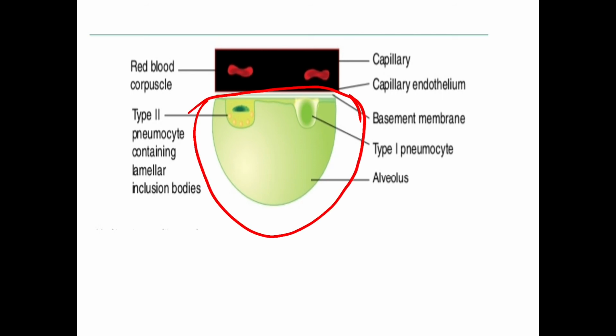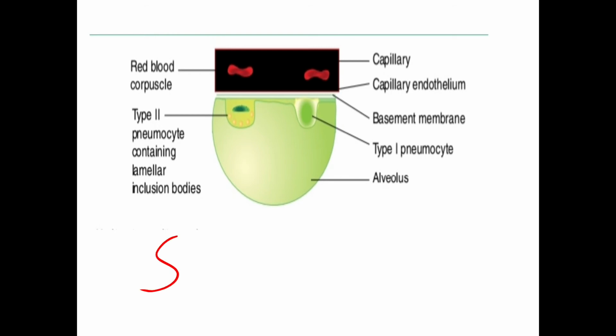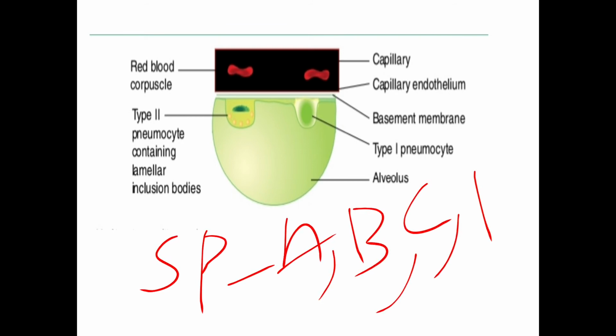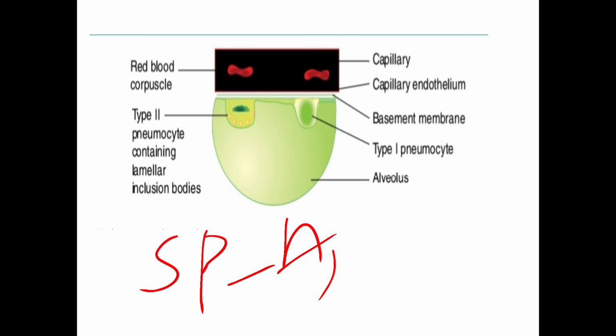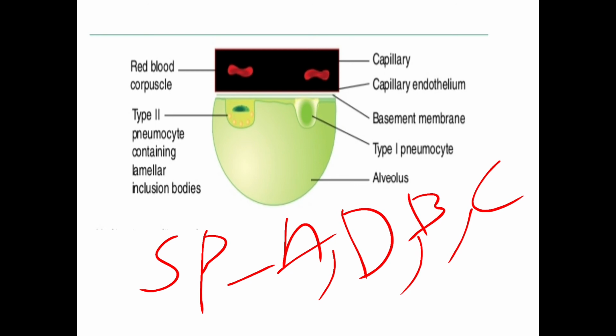Our pulmonary surfactant is a mixture of phospholipids and also has specific proteins, such as A, B, C, and D, whereas the specific proteins A and D have antimicrobial properties. These proteins A, B, C, D provide the biophysical properties of the surfactant.